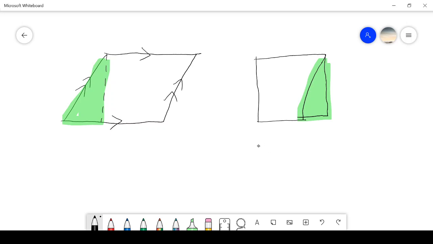And we know the area of a rectangle is length times breadth.